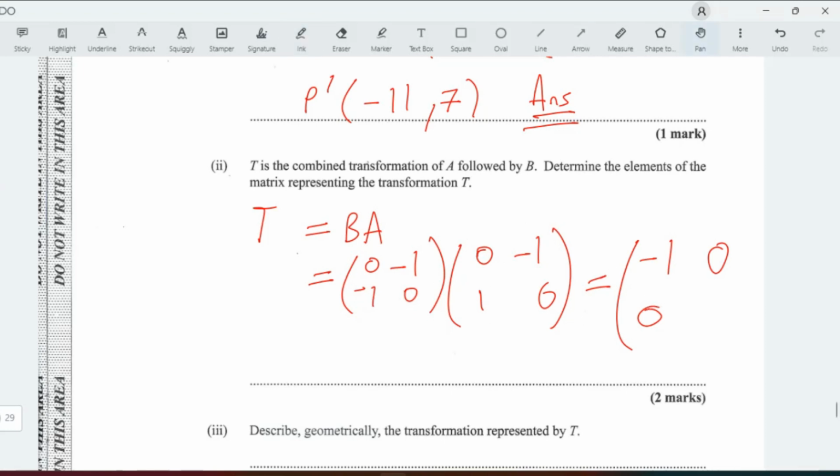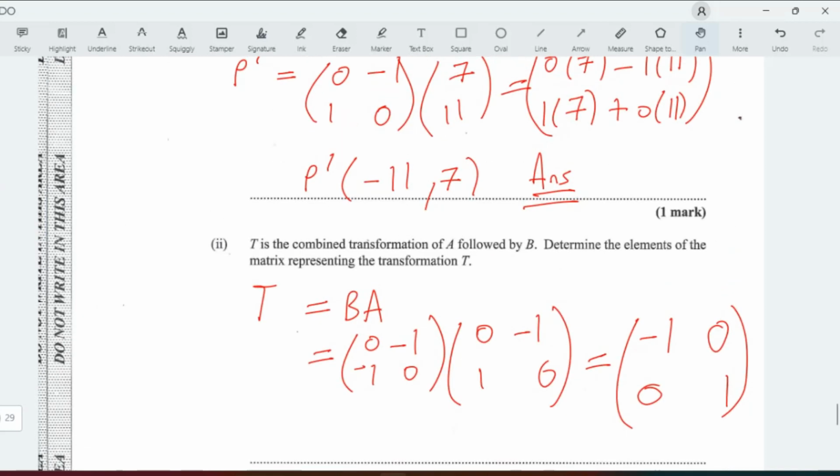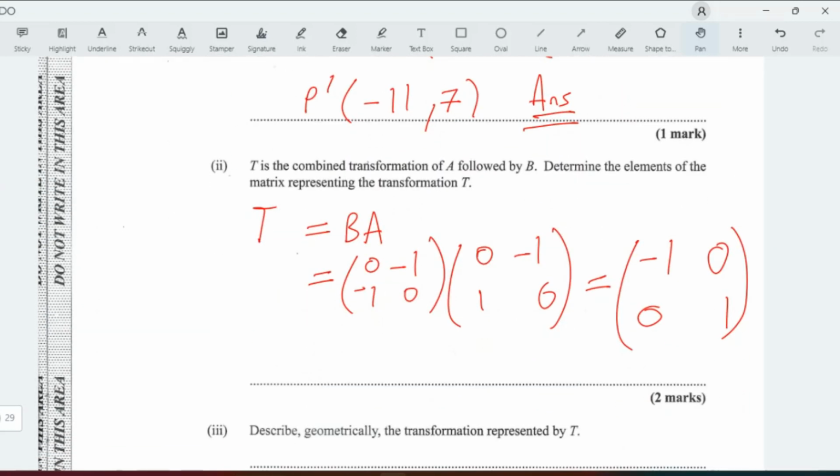So just to check it again. Yeah, that's it. So it's minus 1, 0, and then 0, 1.